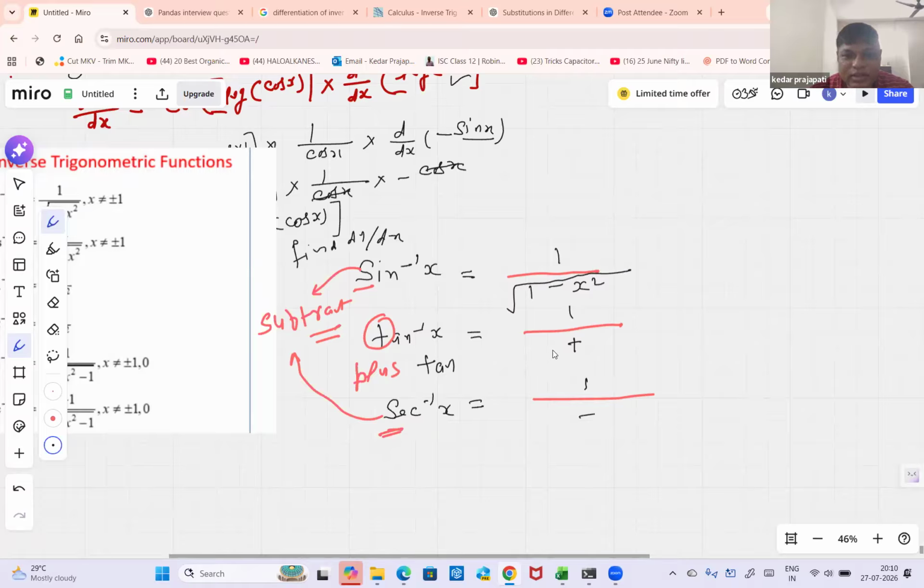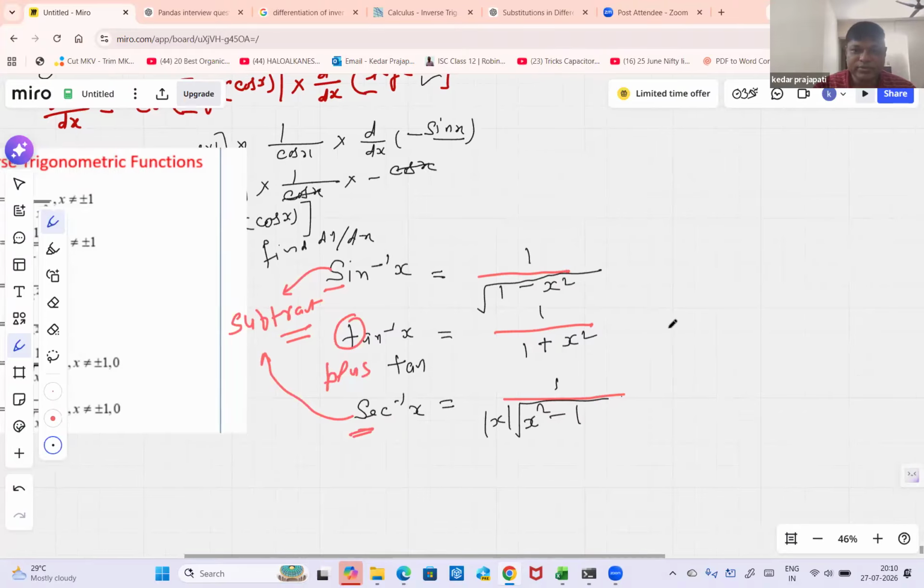Tan is, write x square here, 1 plus x square. No root here. But secant is x square minus 1, root is, and here mod x will come. So you have to remember like this.